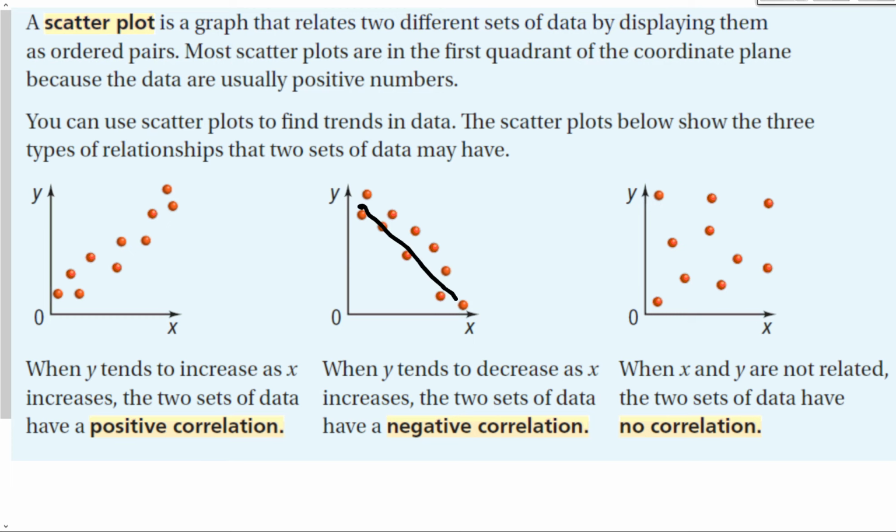We can see in this one, we can sort of make a line through the data and it is going down. When y tends to decrease as x increases, as the graph goes down, as x goes right, the two sets of data have negative correlation. And when x and y are not related, because the points are all over the place in this graph, the two sets of data have no correlation.